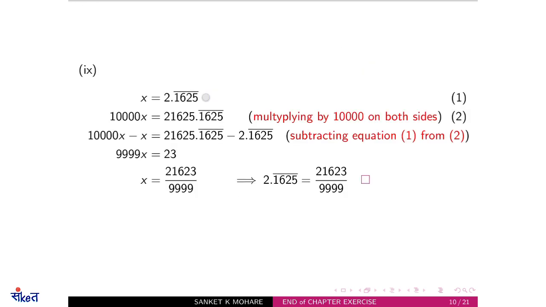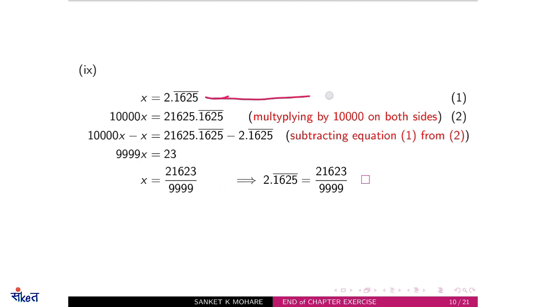Next, example 9, x equal to 2.1625 bar. Here four digits are repeating and there does not exist any non-repeating digit. So we directly multiply x equal to 2.1625 bar by 10,000. Then we'll get 10,000x is equal to, after multiplying this by 10,000, the decimal will shift by 4 places, which is equal to 21625.1625 bar.